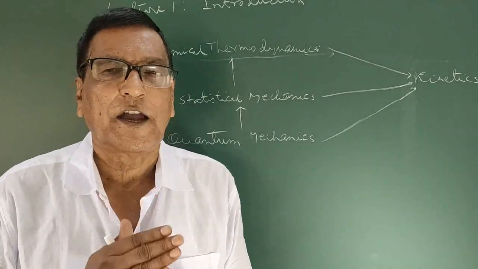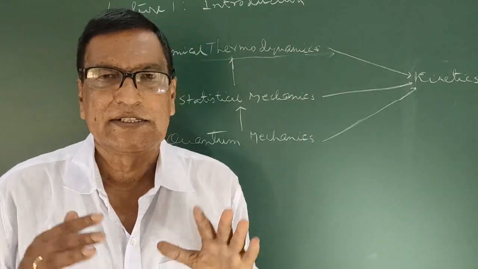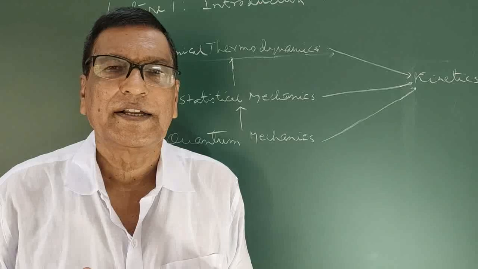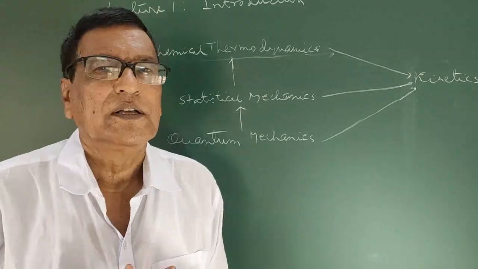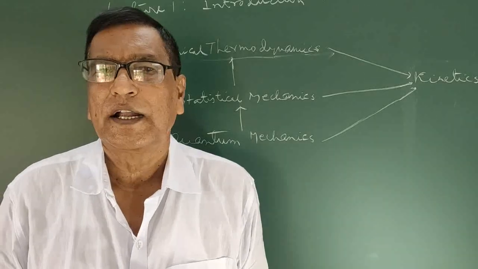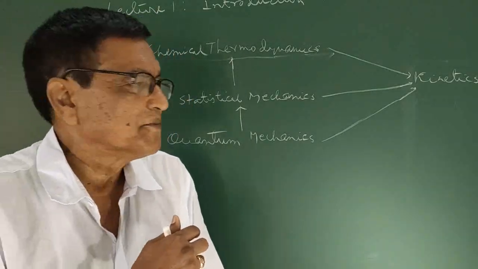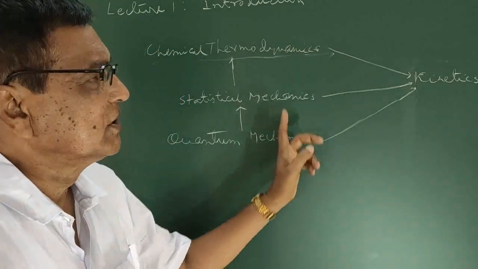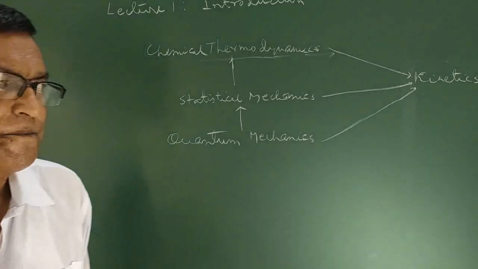Transport of kinetic energy from one place to another is called thermal conductance. Transport of charge we call electrical conductance, and so on. So these four chapters in total constitute physical chemistry.